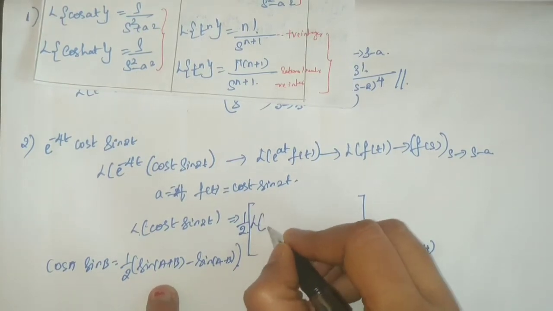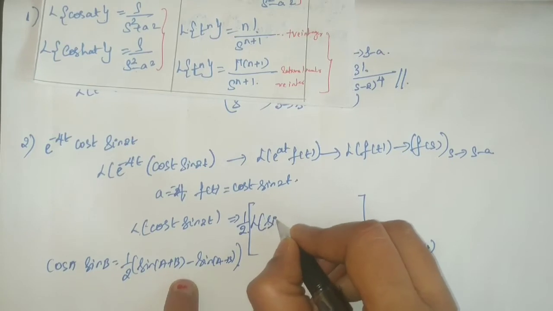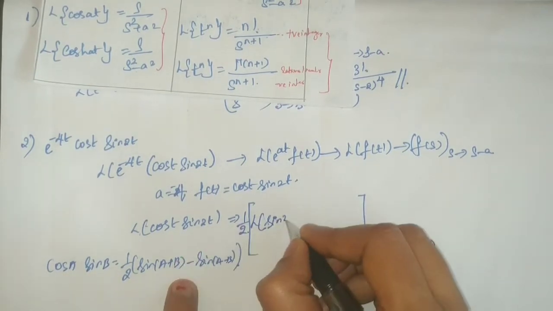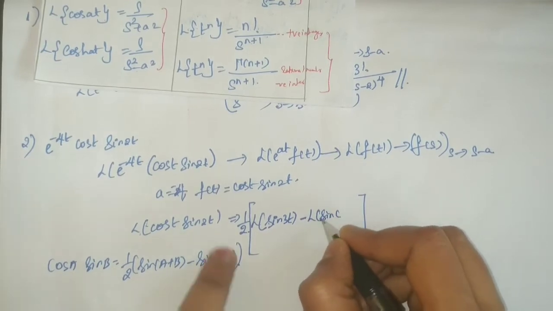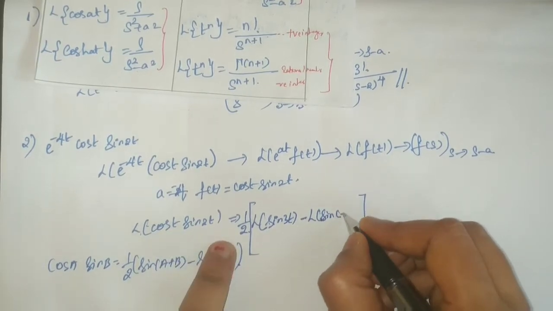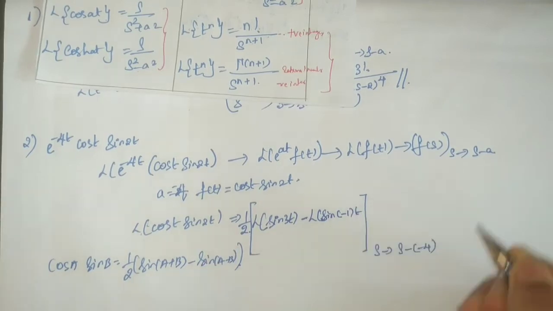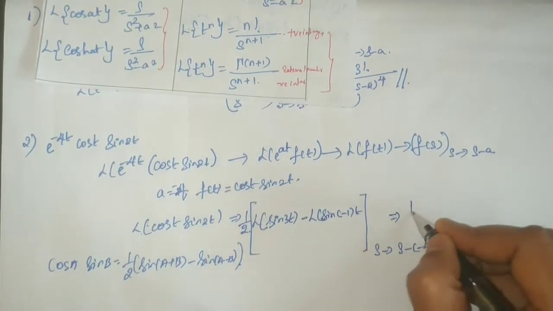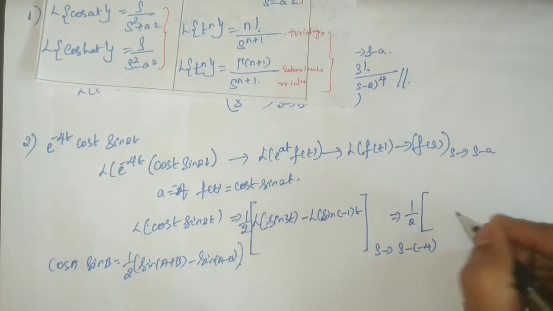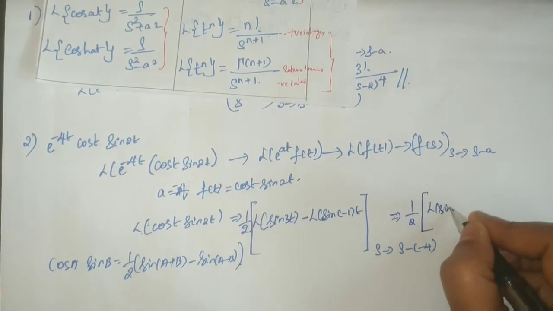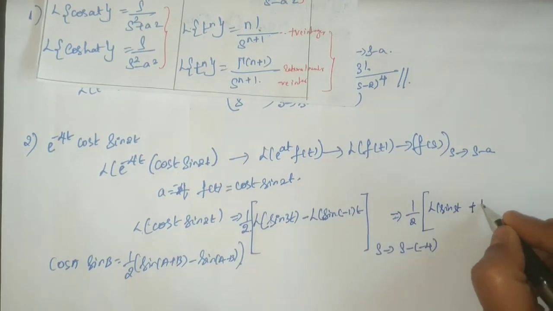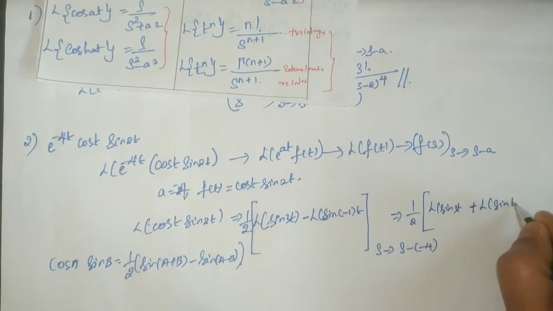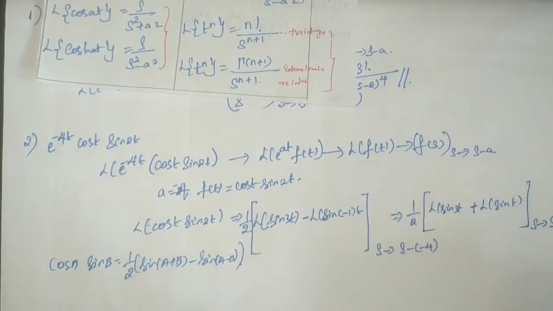So this becomes the Laplace transform of sin(2 plus 1), so 3t, minus the Laplace transform of sin(1 minus 2), so it's minus 1t. So it's 1 by 2 into the Laplace transform of sin 3t minus, since sine of minus theta is minus sine theta, the Laplace transform of sin t. Then shift s to s minus of minus, which becomes plus 4.